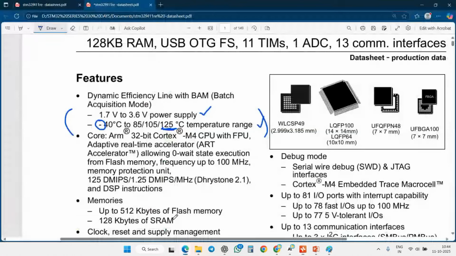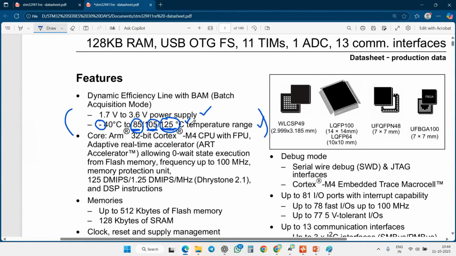Okay, and if you just see the next parameter, it is just a range, guys. If you are using it at normal temperature, it can work from minus 40 degrees to 85 degrees, up to 105 degrees, and sometimes the temperature might change up to 125 degrees.